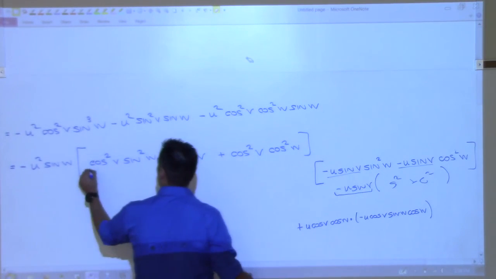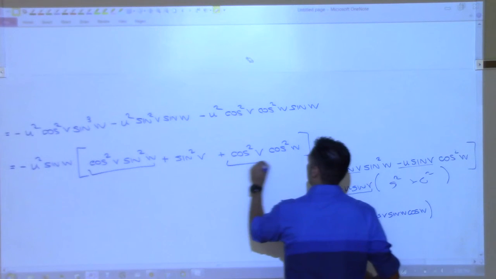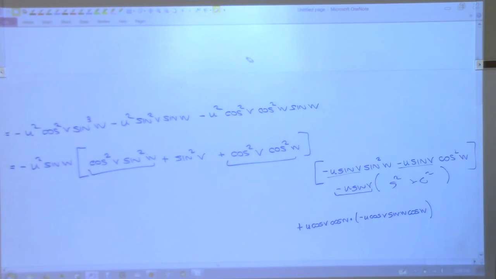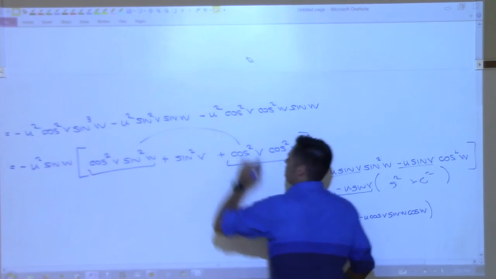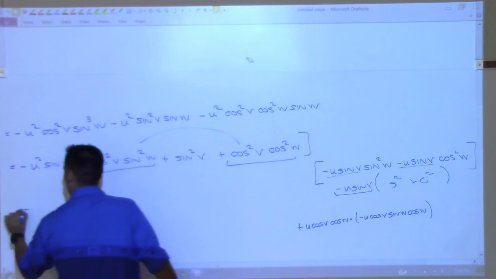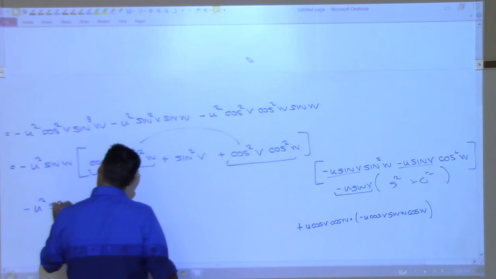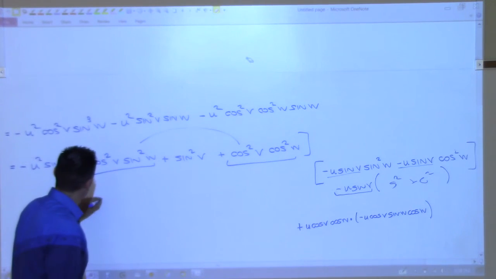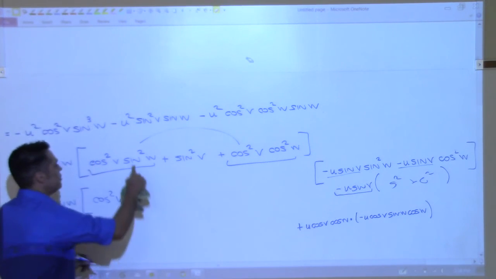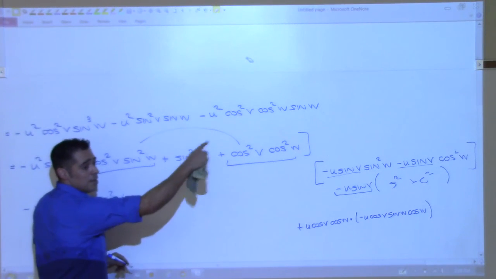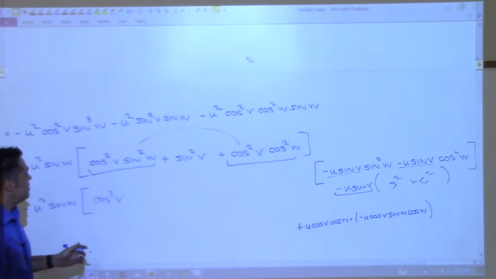Okay, so these two together now, this one and this one, they both have in them cosine squared v, right? So what happens if I pull a cosine squared v out of both of those? You're left with sine squared w plus cosine squared w, which is 1. So that's gone, right?